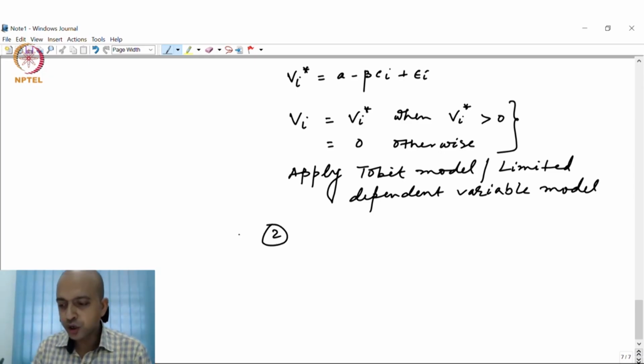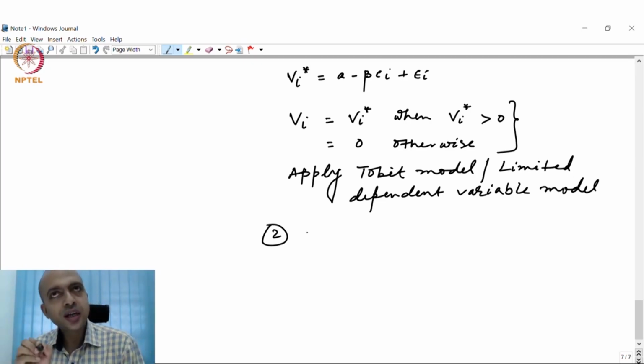So because of this problem, we can also say that in the travel cost method we estimate only the use value.